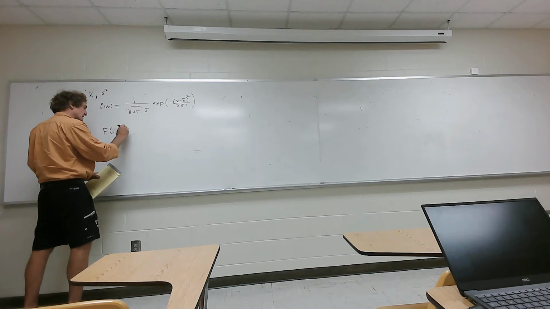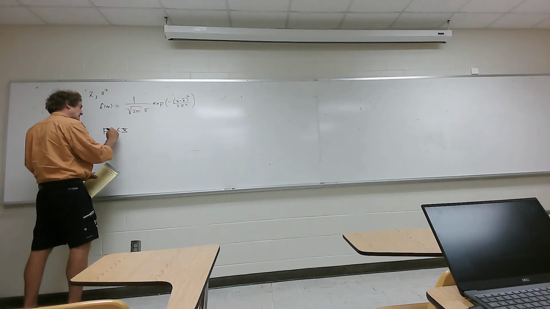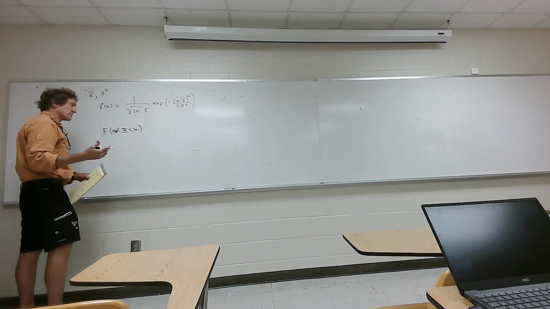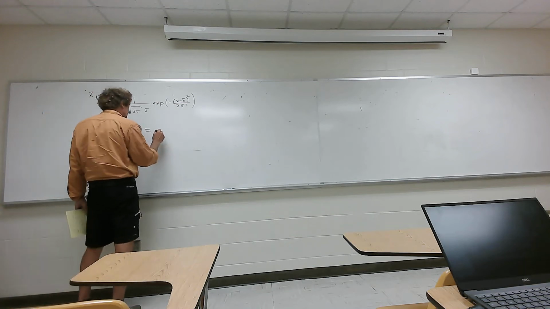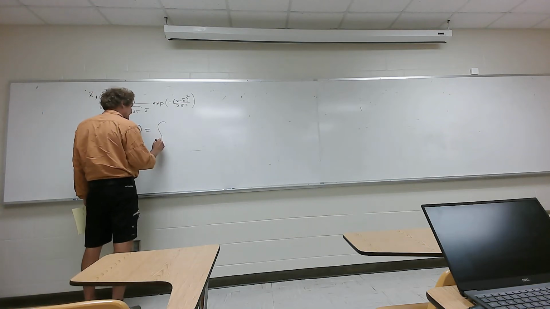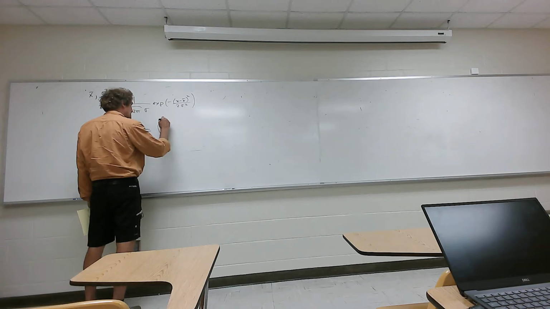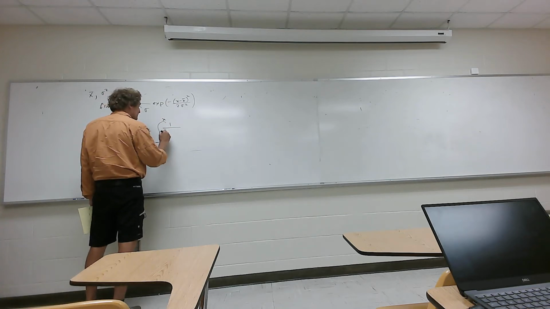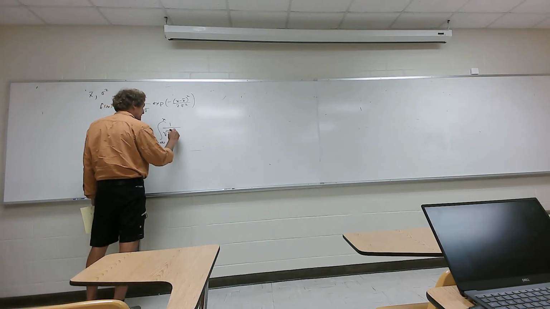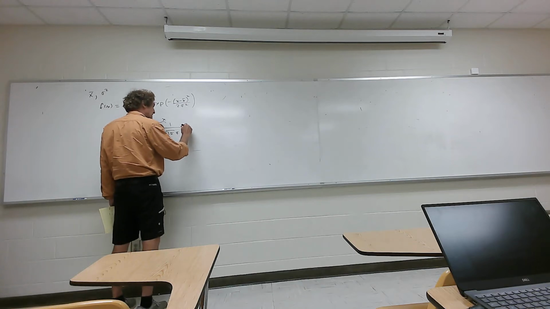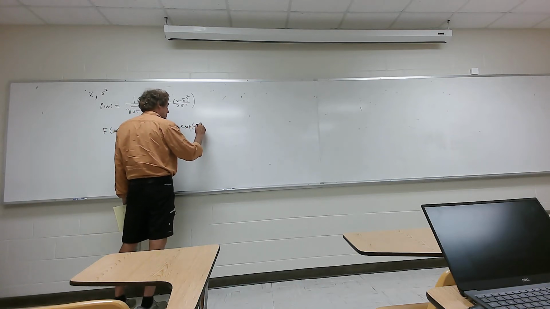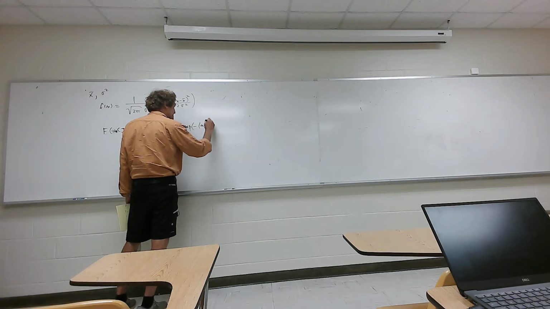Random variable x greater than minus infinity, less than x. So this is going to be something where they take this density function, it'll be the integral from minus infinity to x of 1 over the square root of 2 pi sigma times exp to the minus quantity x minus x bar squared over 2 sigma squared.